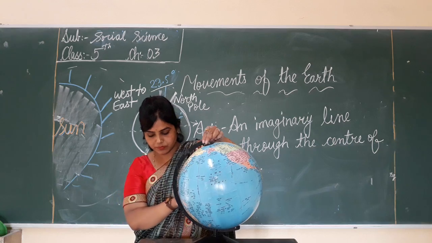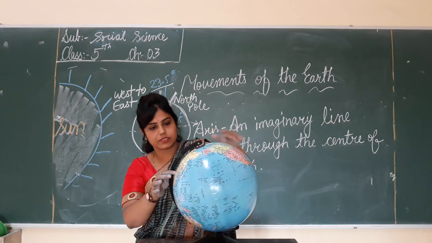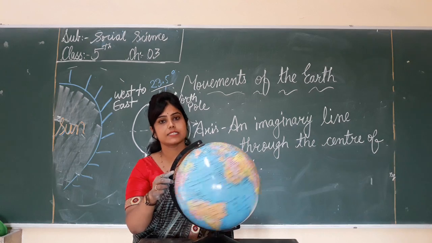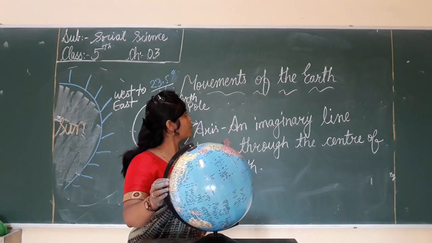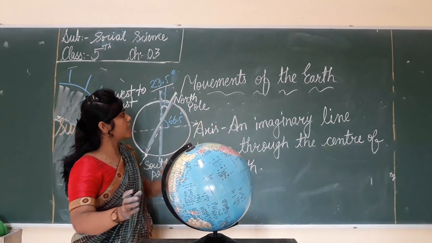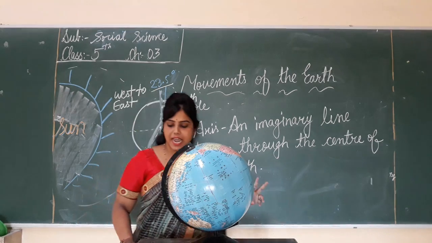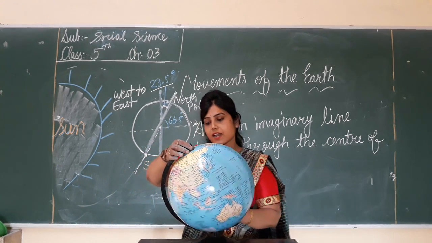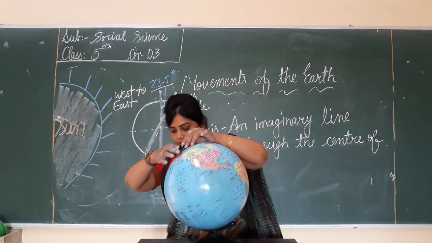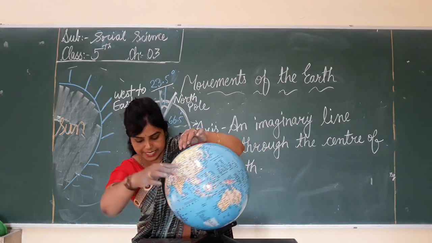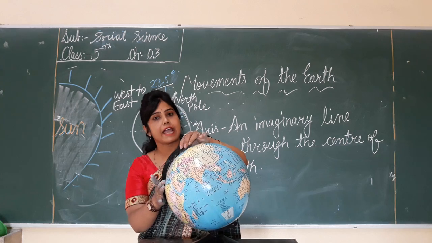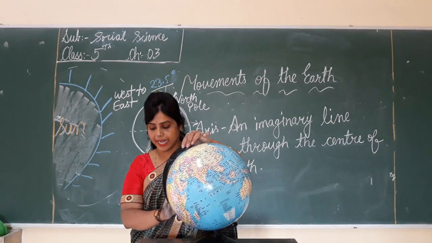Clear? So when it moves on its axis, what are the movements of the earth? The rotation and the revolution. So in rotation, the earth rotates on its axis, and half of the earth gets the sunlight.